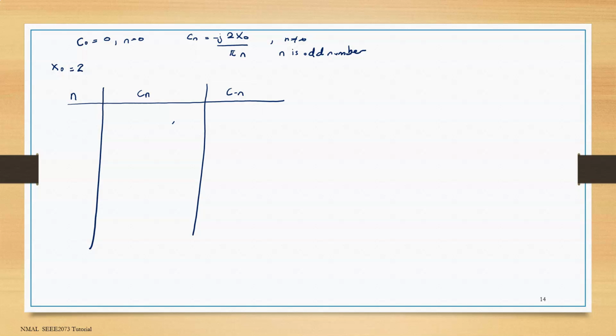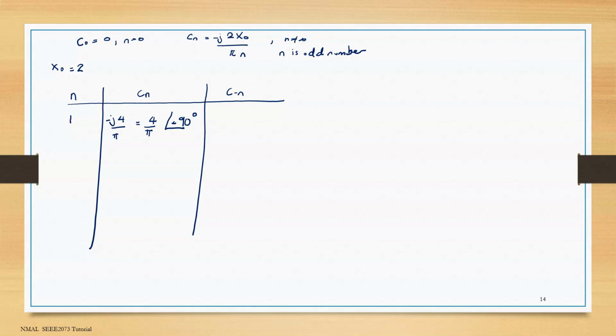For n equals 1, you put n equals 1 into the formula, and it becomes negative j 2 multiplied by x naught, which is 2. So this is negative j 4 over pi multiplied by 1, which is pi. You can also rewrite this as 4 over pi at negative 90 degrees.